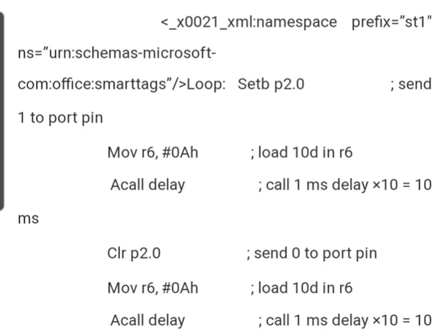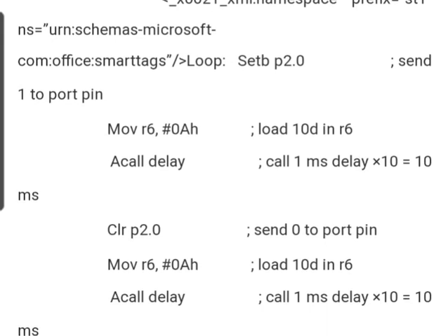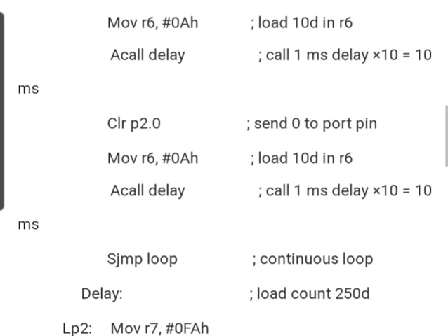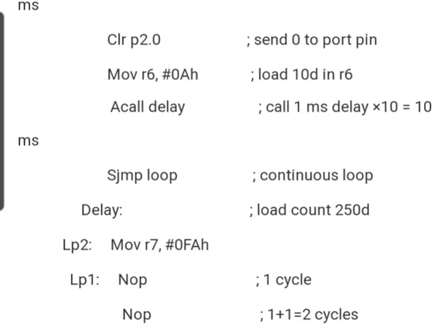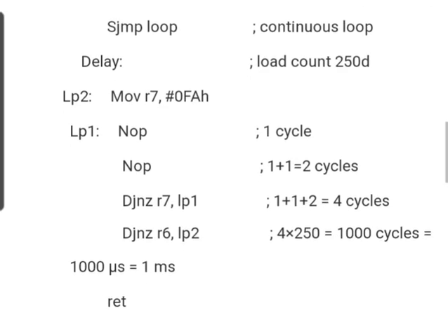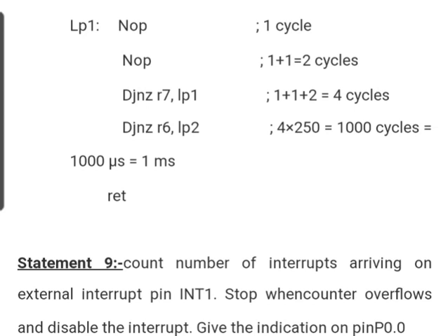Because of the square wave, 10 milliseconds on time and 10 milliseconds off time, for 10 milliseconds we send 1 to the port pin, and for another 10 milliseconds 0, in a continuous loop.